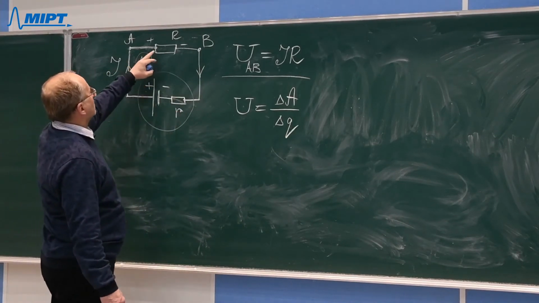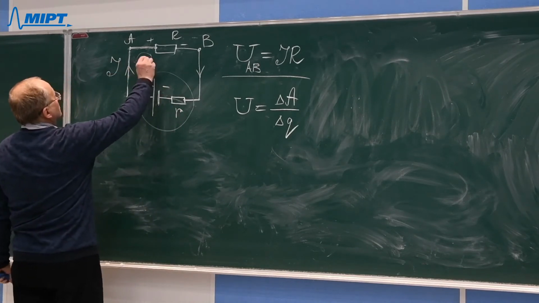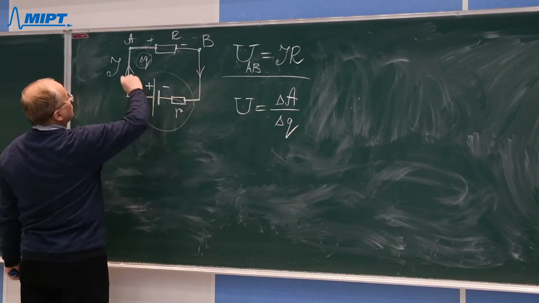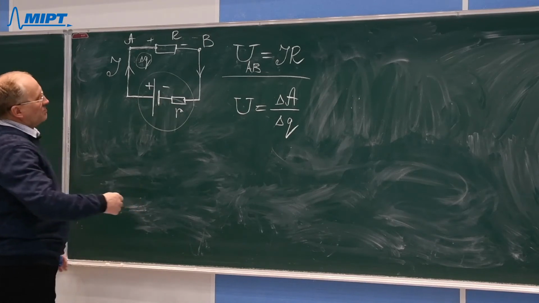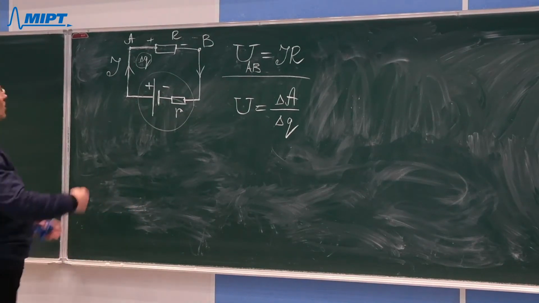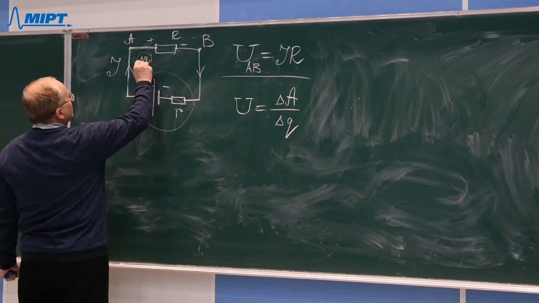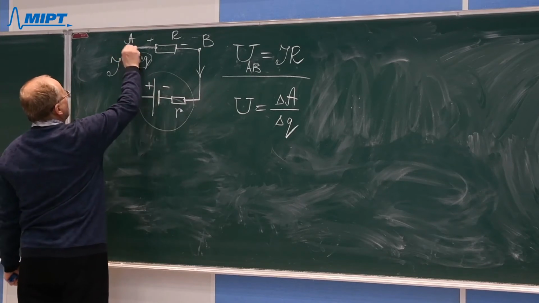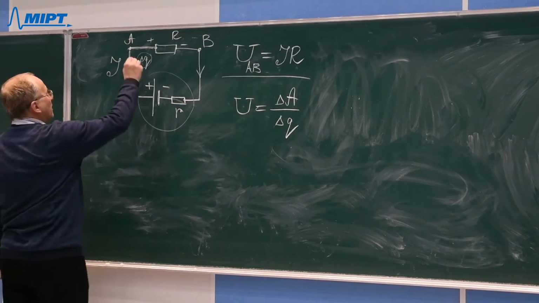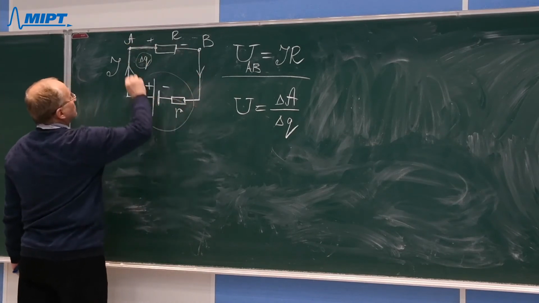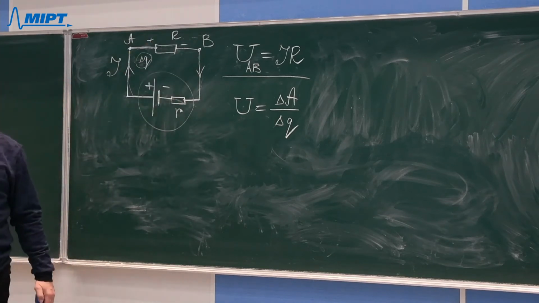So the work done by the electric field to carry this charge along the closed circuit, we may naturally ask a question: what will be the work of the electric field needed to carry this charge through the closed circuit from point A around the circuit and return to point A? So if the small charge is carried around the circuit from point A and returns to the same point A, what will be the work done by the electric field?